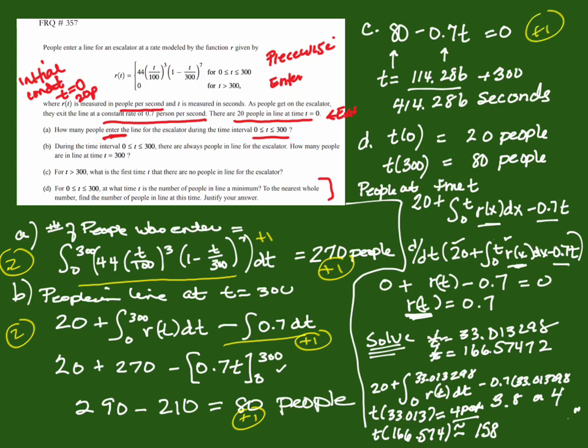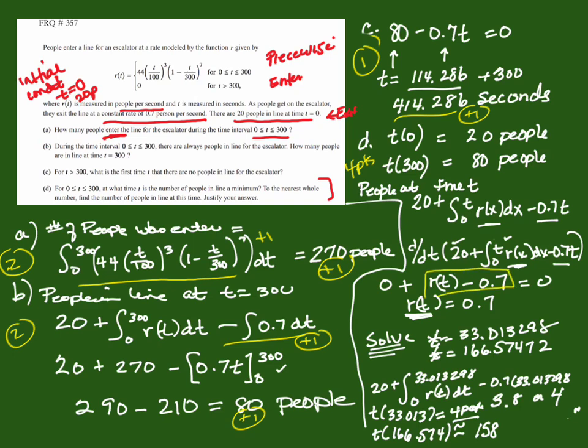For part C, it's worth 1 point. So just the answer would be 414.286. I'm just going to rewrite this so you don't get confused. This is only worth 1. And D is worth 4 points. First point is considers r of t minus 0.7.